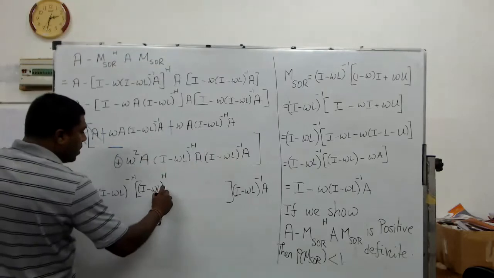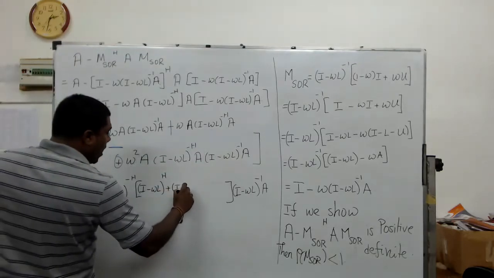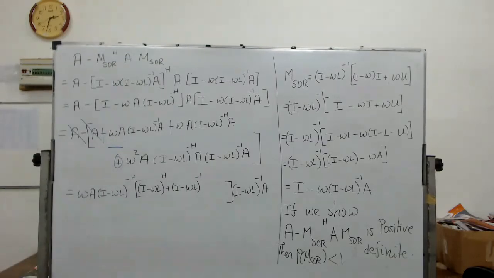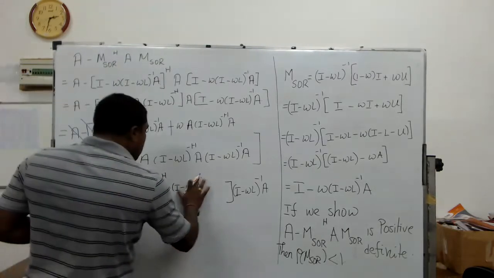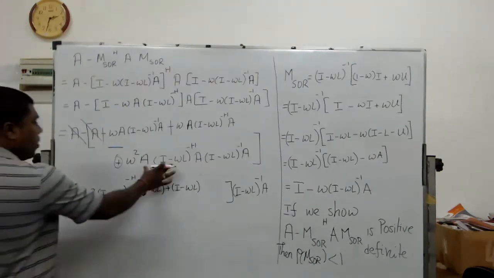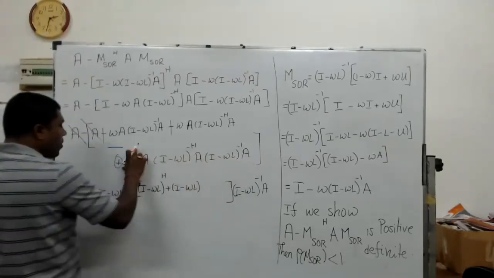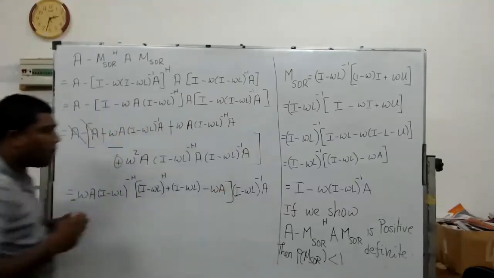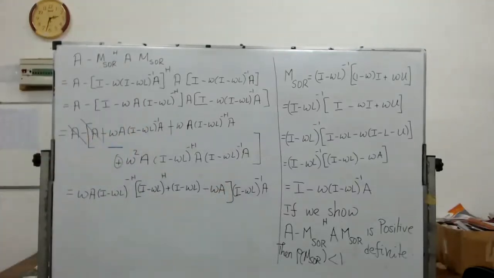Similarly, from this you will have I minus omega L; you pull out the inverse. And then from this, you pull this out, 1 omega out, so you have minus omega A. So that is what you have.